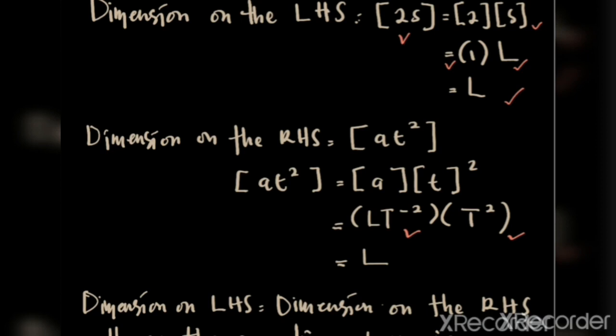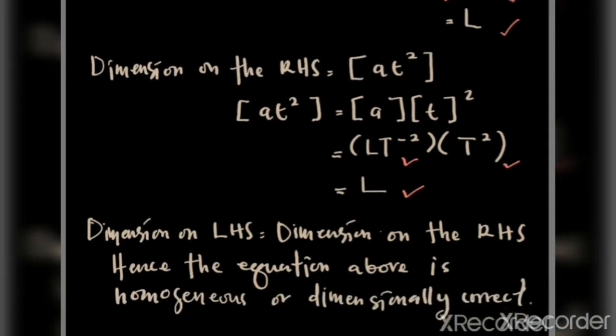Therefore, the dimension for the right hand side is L. We compare: the dimension on the left hand side is L and on the right hand side is also L. Meaning we can conclude that when the dimension on the left hand side equals the dimension on the right hand side, the equation above is homogeneous or dimensionally correct.